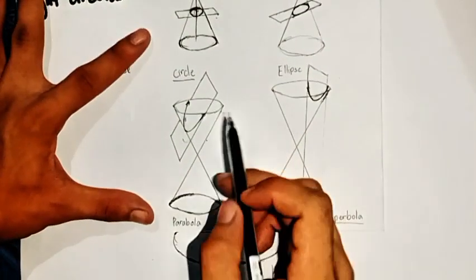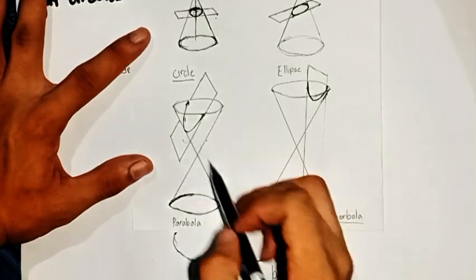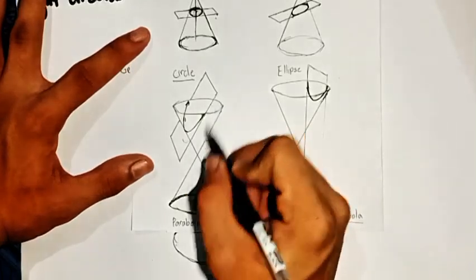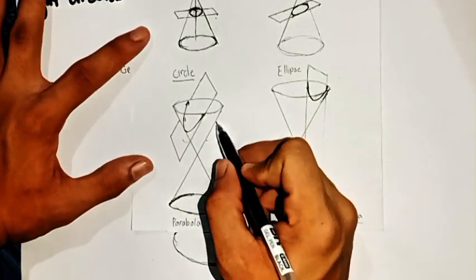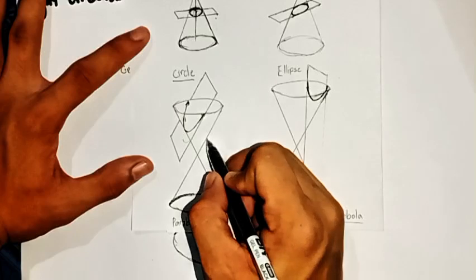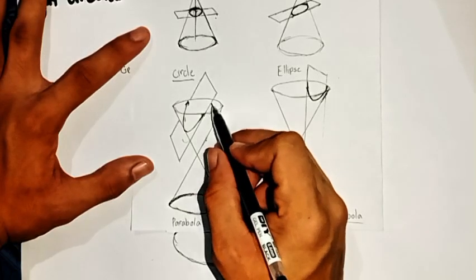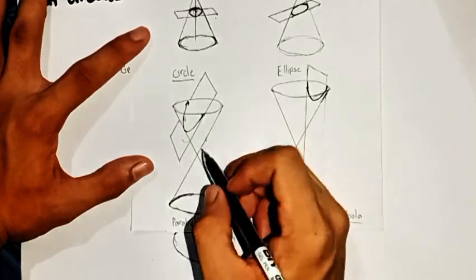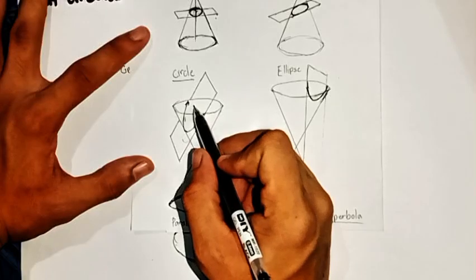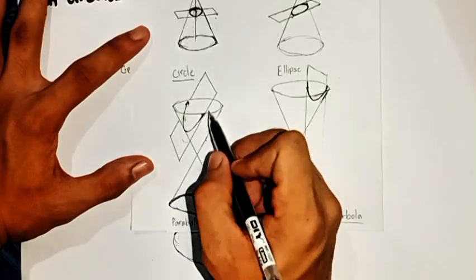And if a plane cuts the right circular cone parallel to the generator, this is our generator, we can generate a curve called a parabola.